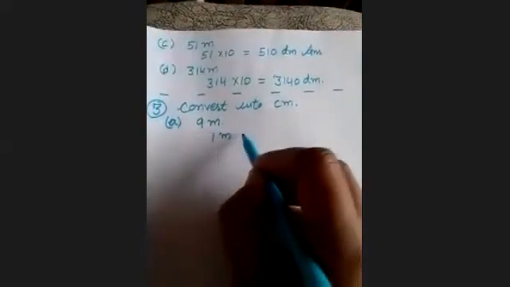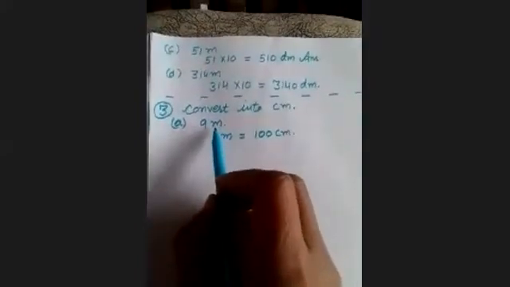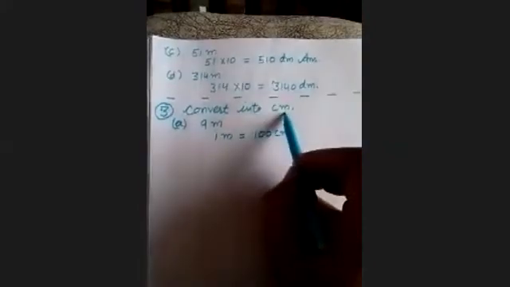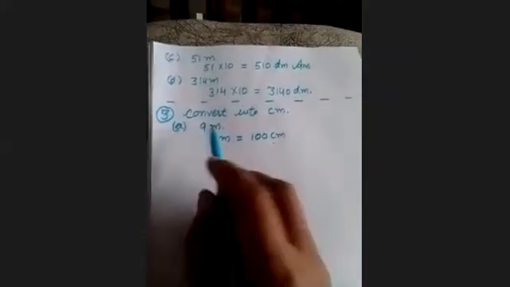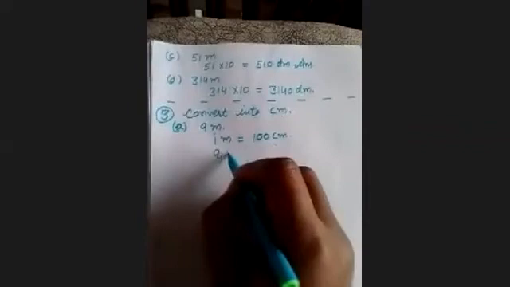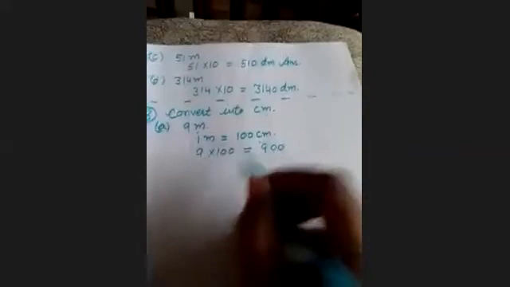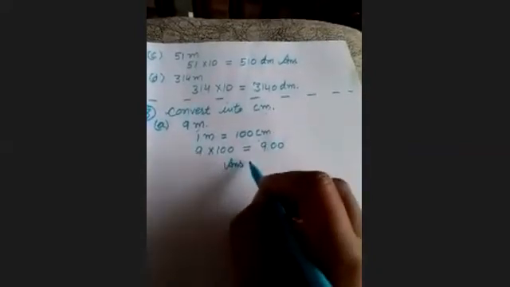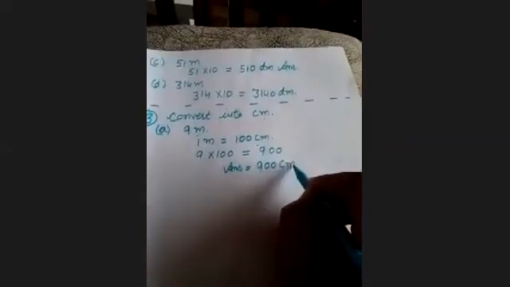In 1 meter, we have 100 centimeters. Now we are converting meter into centimeter. So here we will multiply by 100. 9 multiplied by 100 is equal to 900. So our answer is, in 9 meter we have 900 centimeters.